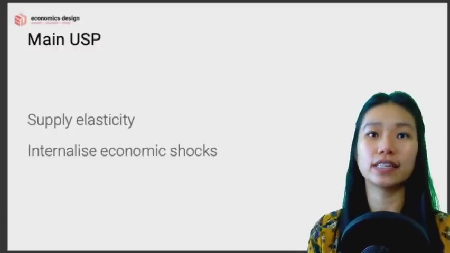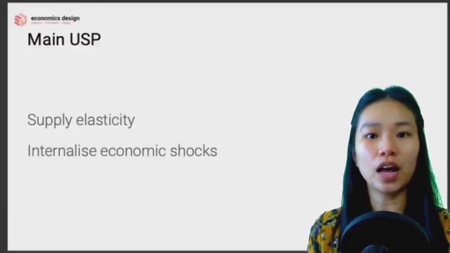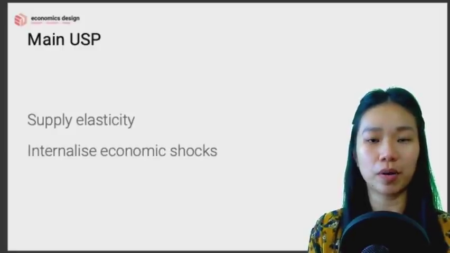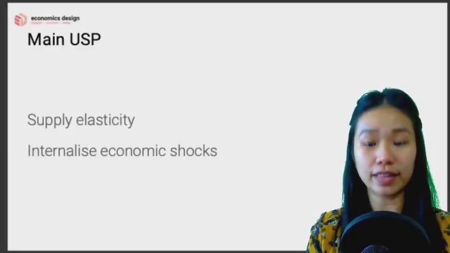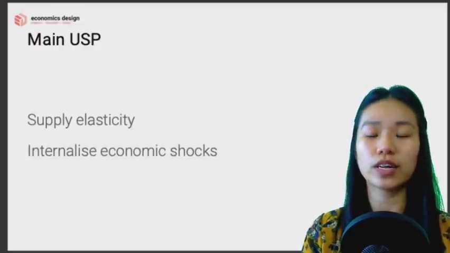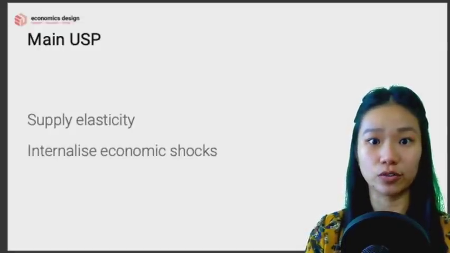What do we mean by internalized economic shocks? If we look at central bank or just fiat currencies, fiat money right now, a lot of economic shocks are externalized. Whatever the monetary policy of the central bank is doing is added to the fiat currency, the money that you use, like USD, and then it will affect business transactions and business economic cycles.